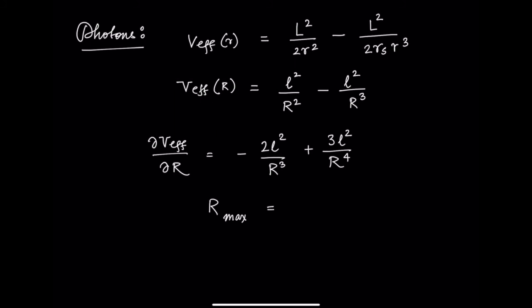This will be equals to 3 by 2, I'm sorry, the radius small r is 3 by 2 rs essentially.